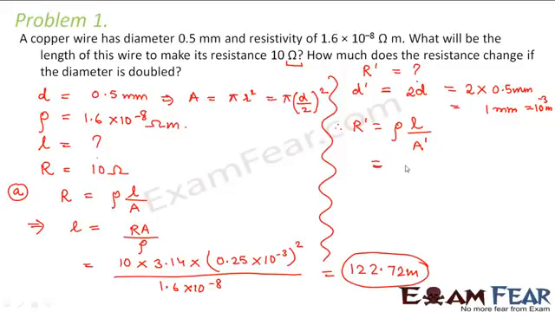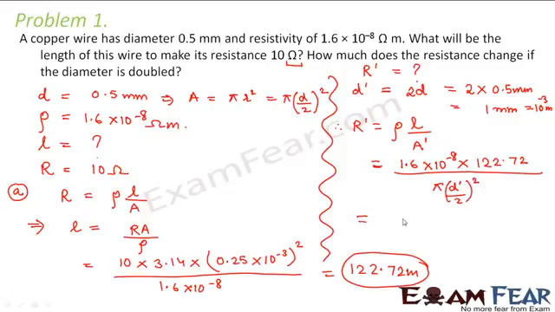So this becomes equal to, what is rho? Rho is 1.6 into 10 to the power minus 8. What is L? L has been calculated as 122.72, divided by A dash, which would be equal to pi r dash square. So pi r dash square would be pi D dash by 2 whole square.